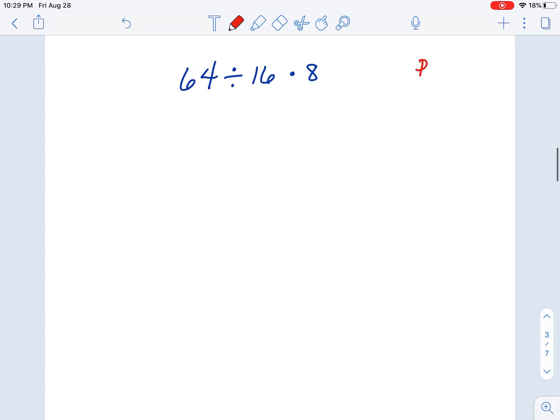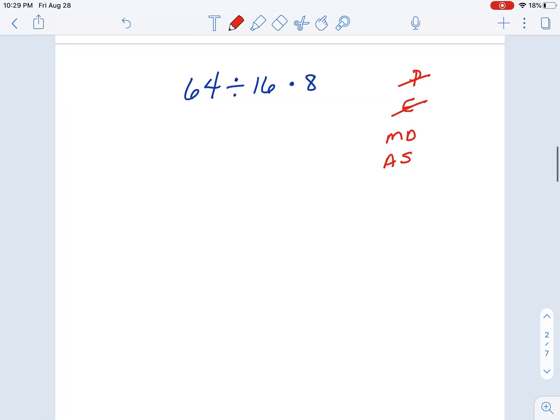Now we're going to move to multiplying and dividing, but it's still just getting a habit. That's really ugly. So do I have any parentheses in this problem? No. Do I have any exponents? No. Do I have any multiplication or division? Yes, I have both.